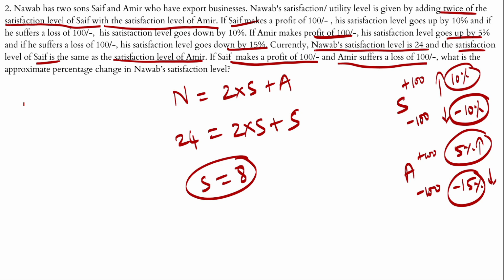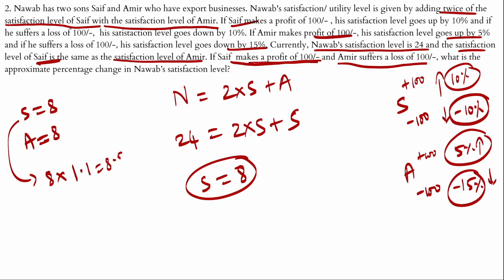Okay, we will get back to this later, but here Saif's utility level is given as 8. So S is equal to 8. If S is 8, A is also 8, because the condition is given here. Currently the satisfaction level of Saif and Amir are the same, and Saif makes a profit of 100. So for Saif it will be 8 into 1.1, as the utility must increase by 10%.